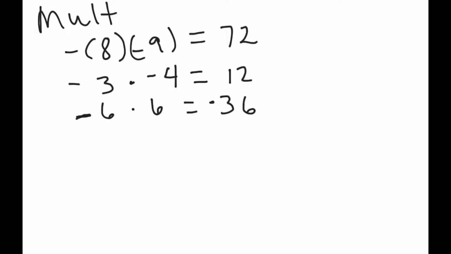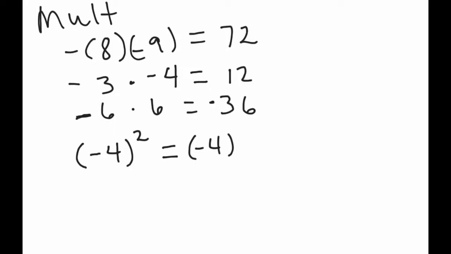But let's try this with an exponent this time. Negative 4 to the second power. Now we need to expand this, because what the exponent is telling us is that negative 4, we will multiply it twice.